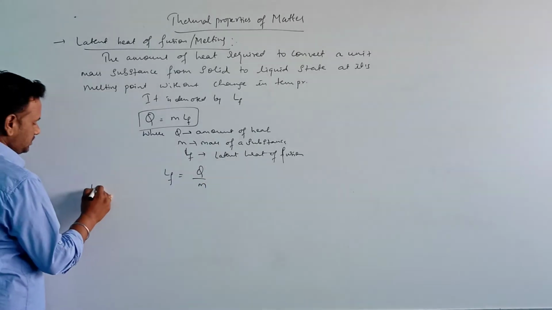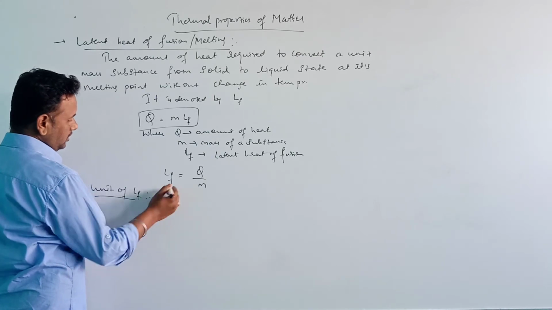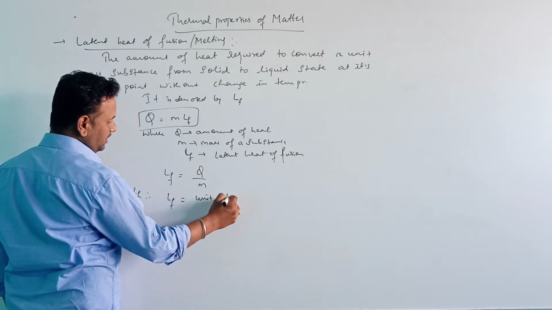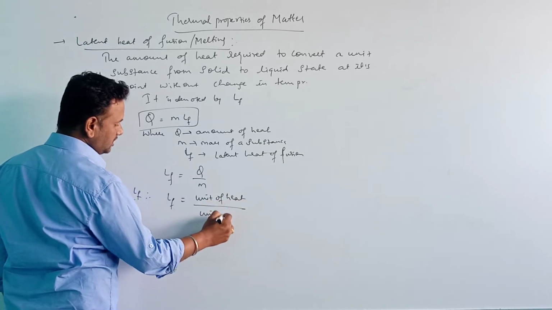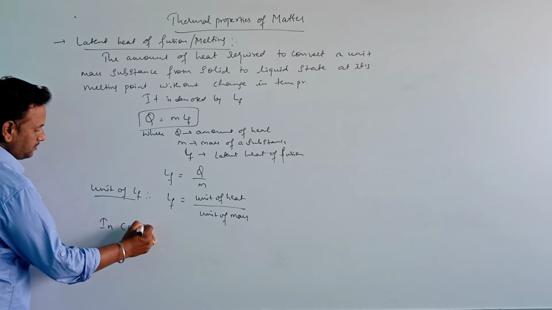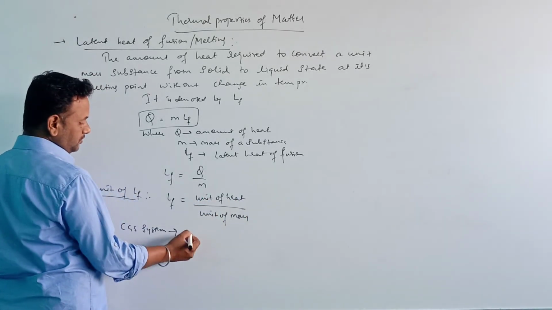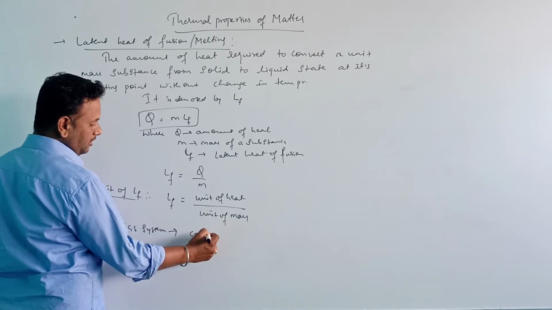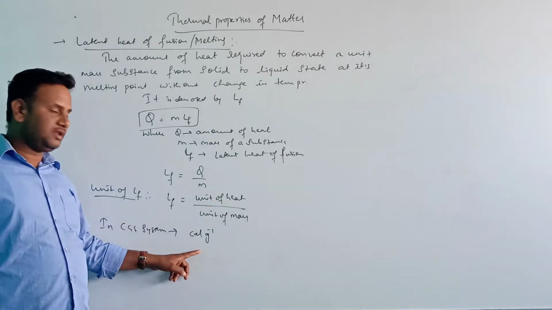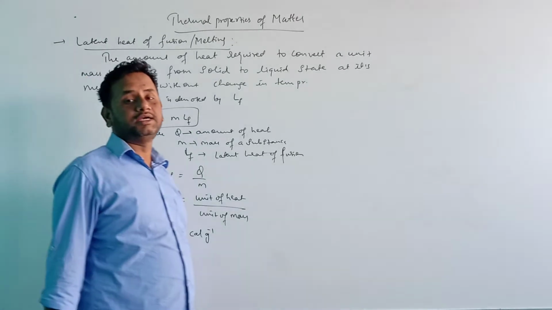Now the unit of latent heat of fusion comes from this definition: the unit of heat and the unit of mass. In the CGS system, the unit of heat is calorie and the unit of mass is gram, so calorie per gram is the unit of latent heat of fusion.